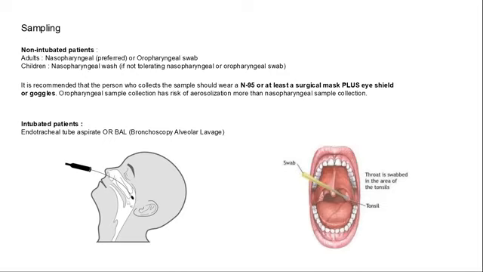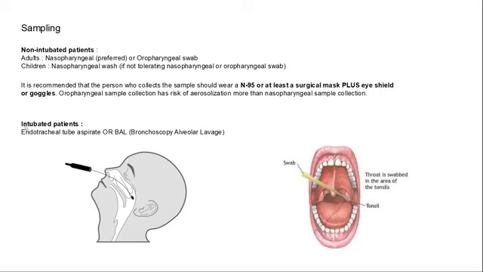You can measure the distance from the earlobe to the nose, and go up to 70 to 80% of that distance. Then you'll hit the nasopharynx. Or you can do oropharyngeal. For children, you can do nasopharyngeal wash. And remember, if you are the one taking the sample, you always need to wear N95, and also use a face shield or goggles.